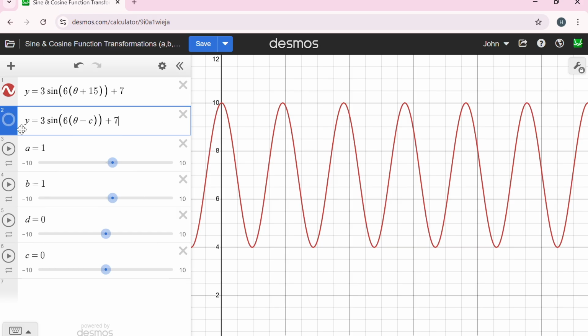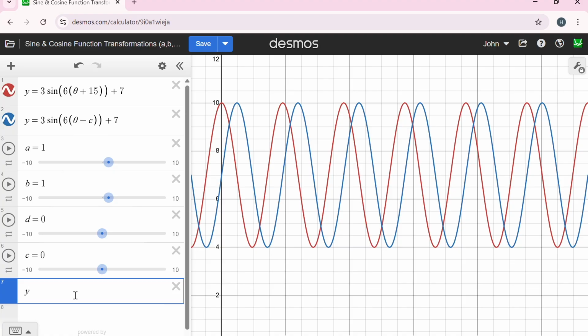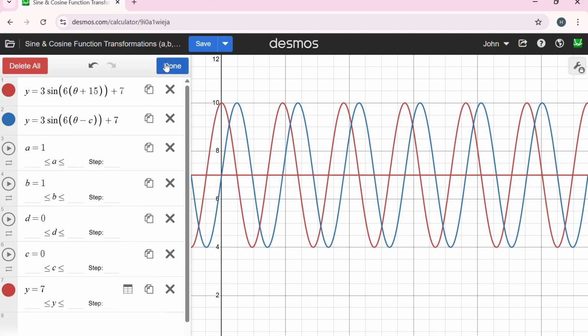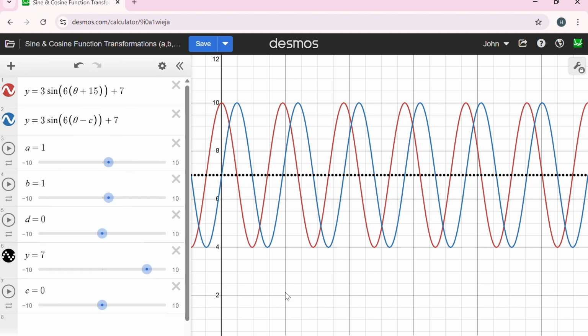Okay, so here is the sine graph without the phase shift. I'm going to put in the sinusoidal axis right there. Okay, and there's my sinusoidal axis.